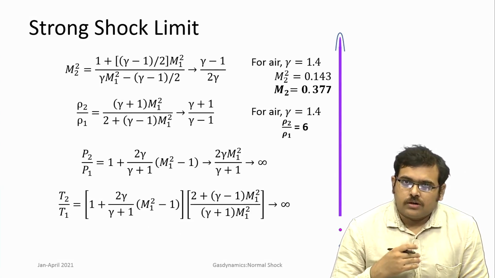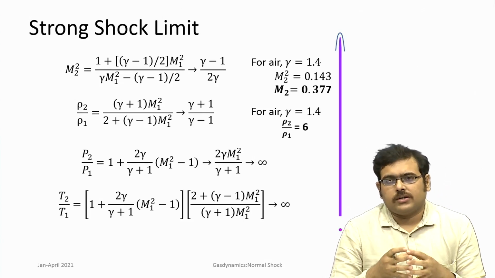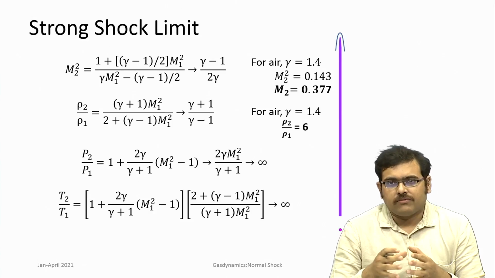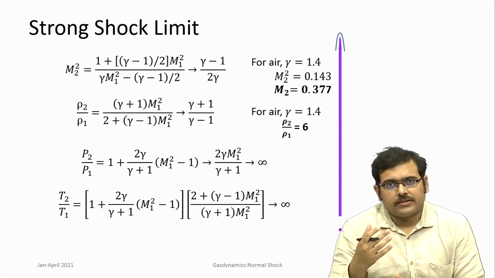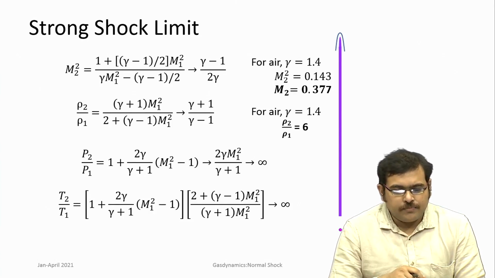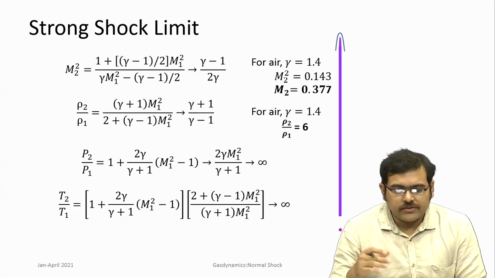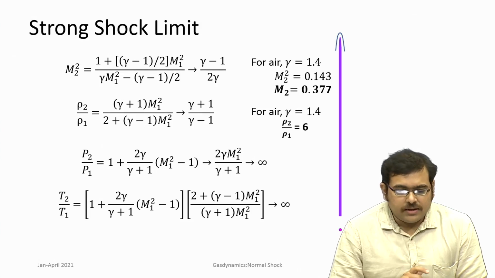If the upstream Mach number is increased continuously, the strength of the shock, generally referred to as the pressure ratio, increases significantly. Now let us see what happens if Mach number tends to infinity. This limit is known as the strong shock limit, because here the pressure ratio can become really high.